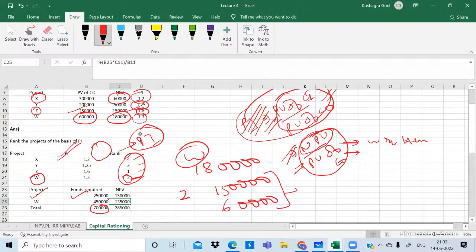Which means how much will I generate? 2,10,000. Which is better? 2,10,000 or 1,80,000? So again, I'll choose a combination of Z and X and not just W, because at the end of the day, I want to maximize my NPV within that 7 lakh rupees. Any other question? Otherwise, we move to cost of capital.